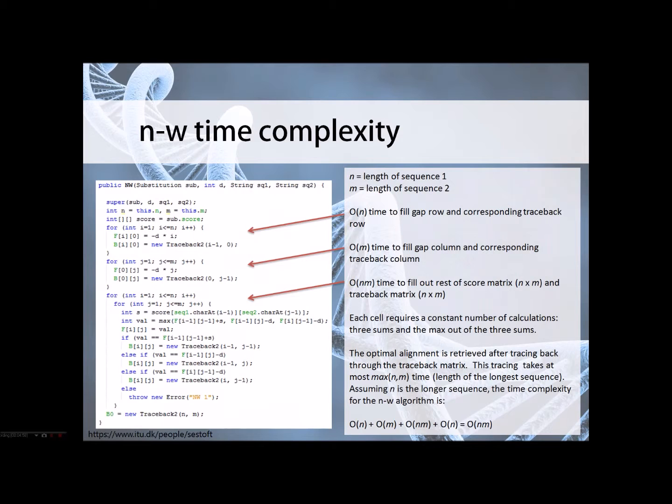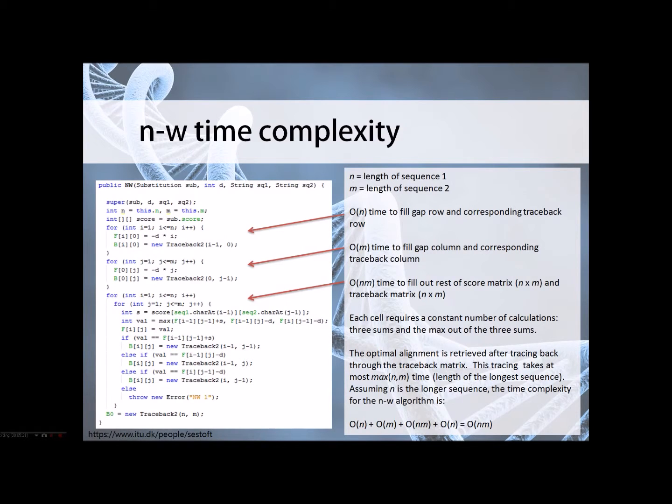Filling in the single row and column takes O(n) and O(m) time. The main part of the algorithm is the score and traceback matrix traversal, which takes O(n times m) time. And although each cell requires a number of calculations to find a maximum score, the number of calculations is constant.